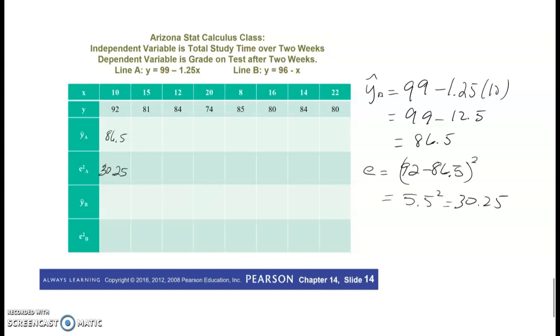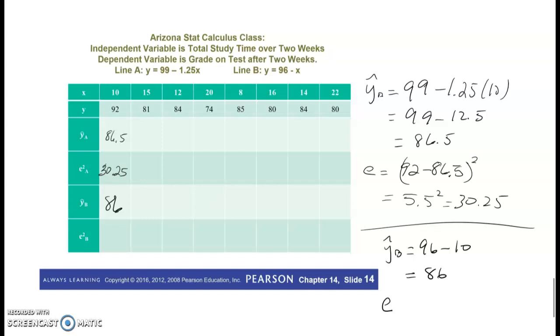Okay. We would do the same thing for line B. We would use that value of 10 again, but this time put it in regression line B. Which is going to give me 96 minus 10, 86.